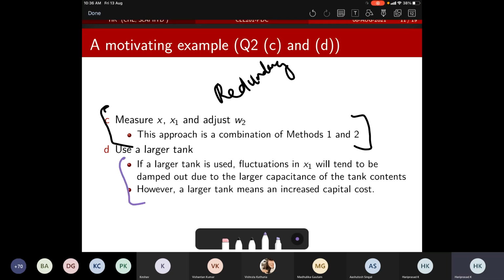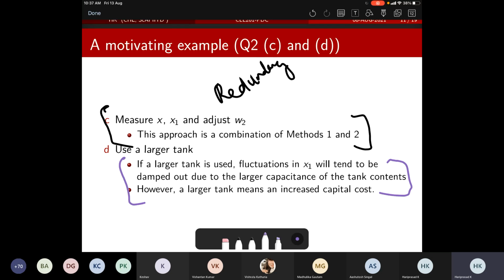So the large one, as I told, because it's a larger tank. You might have seen a water tank, right? If the volume of the water tank is less, you would see more oscillation happening.